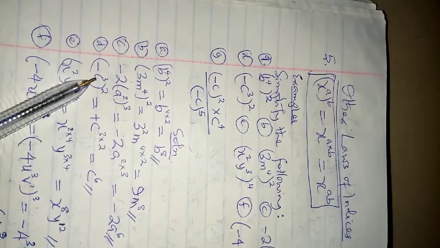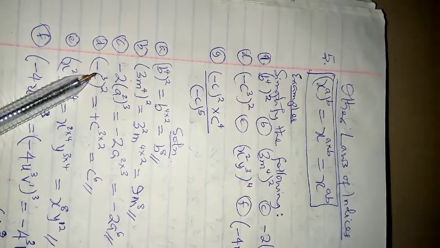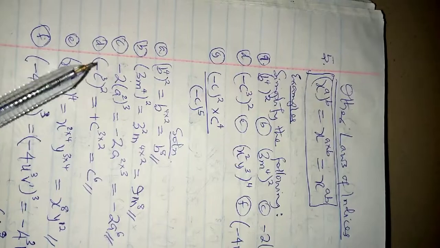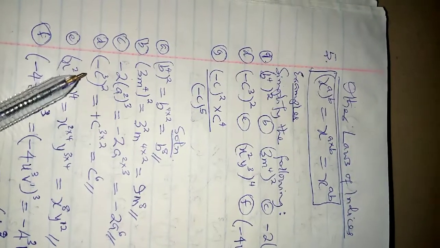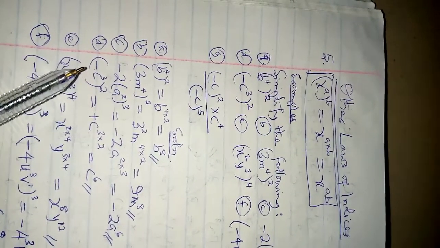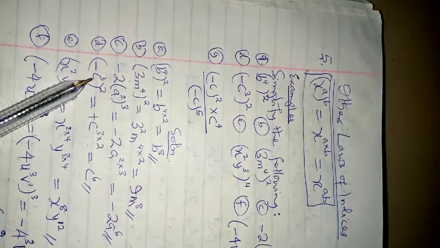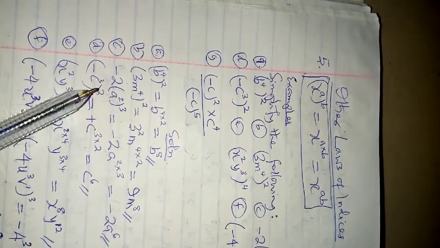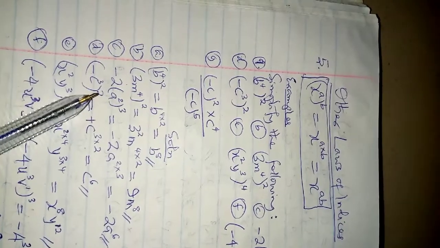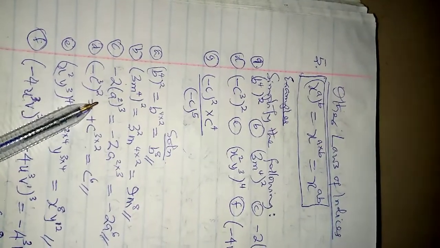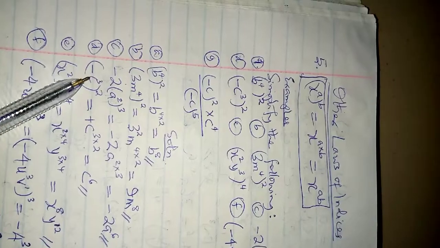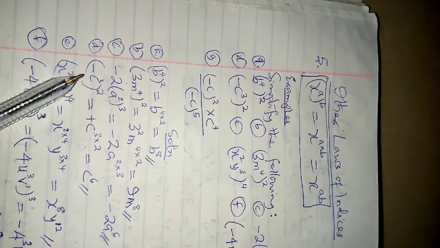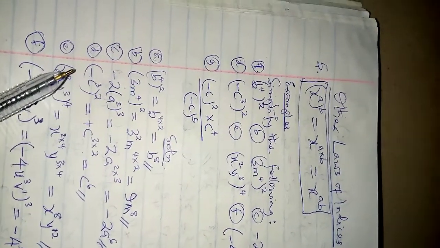Here, the minus will be affected, c raised to power 3 will be affected. When you raise a negative sign to an even power like 2 or 4 or 6 or 8 or 10 and so on, the negative becomes positive. Let me repeat it again.